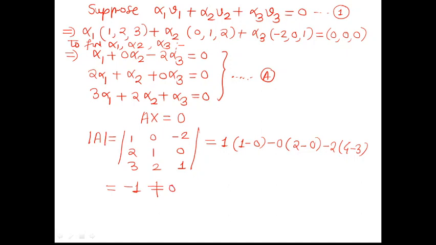When the determinant of A is not equal to 0, what will be the nature of the vectors? The set of vectors is linearly independent. You will get all values of scalars as 0.